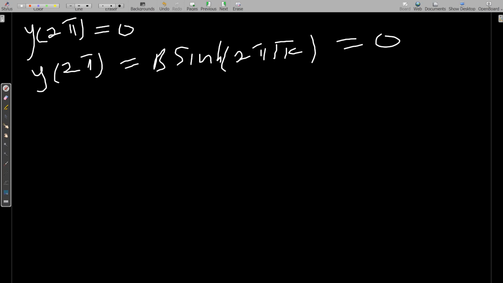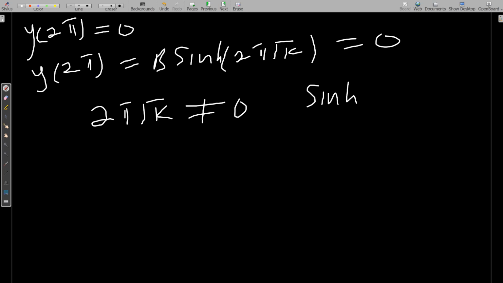We are saying that lambda is less than 0, so it means that this 2 pi root of k will never be equal to 0, and sinh of 0 is only 0 when the argument is 0. I hope you get this point.